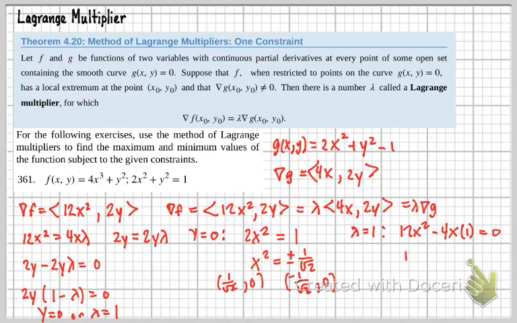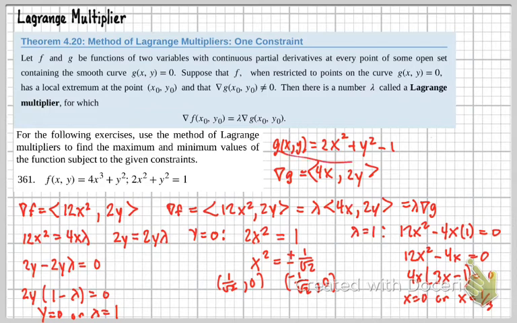So this is really 12x squared minus 4x equals 0, and I could pull a 4x out, and that's going to be 4x times (3x minus 1) equals 0. So that tells me x equals 0 or x equals 1/3. So those are my two answers from that one, which give me another 2 points once I plug them in to the boundary.